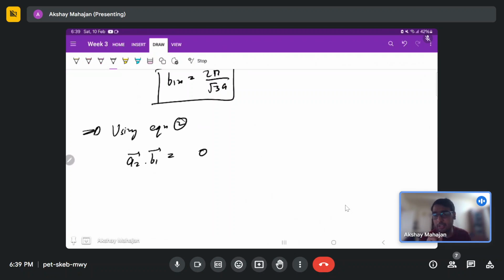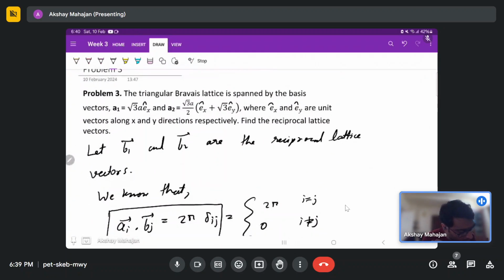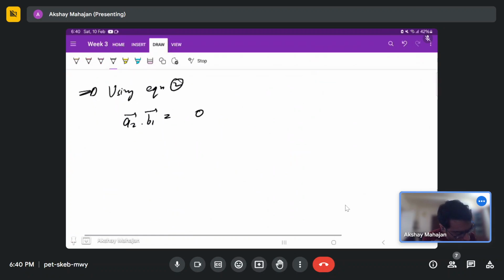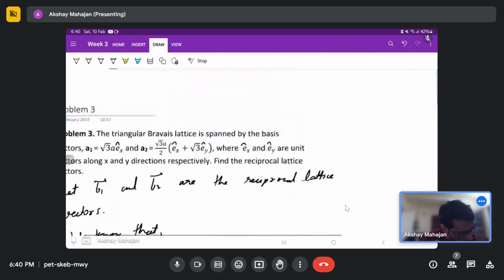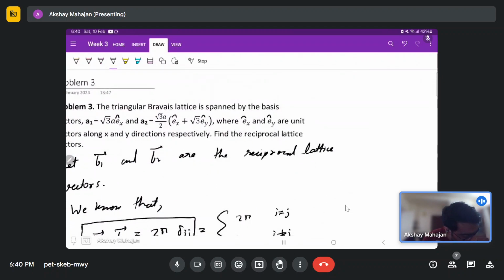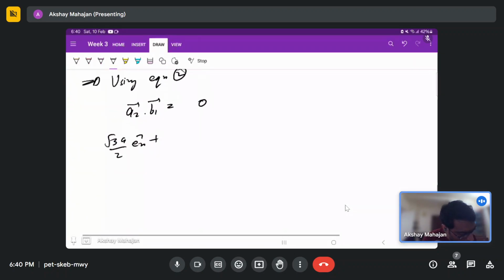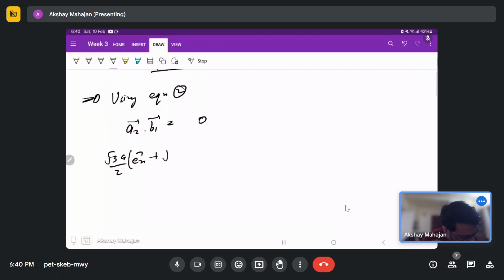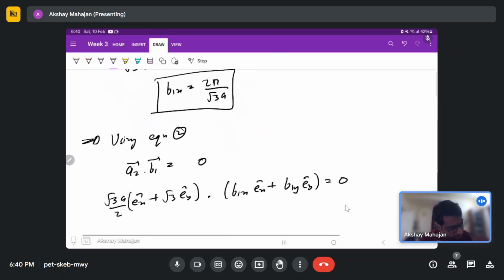Now a2 vector is given to us as root 3a by 2 ex cap plus root 3 ey cap. You have to take the dot product with b1 vector, which will be b1x ex cap plus b1y ey cap, and that has to be equal to 0.